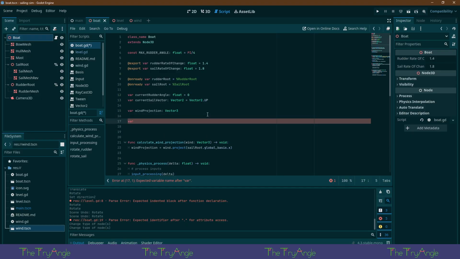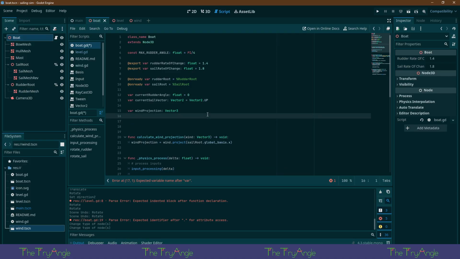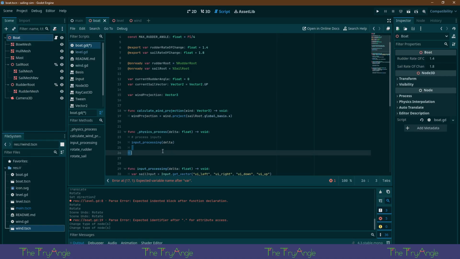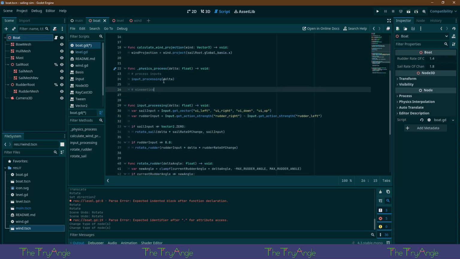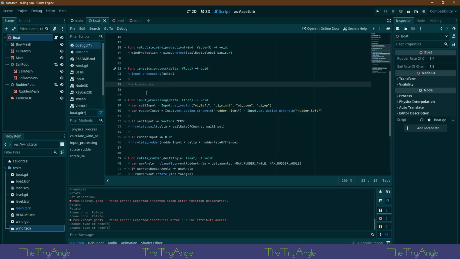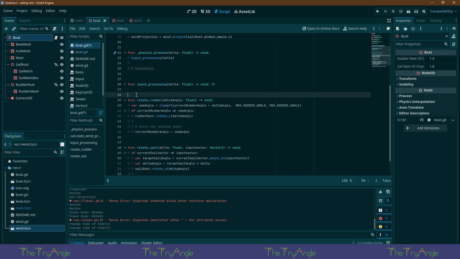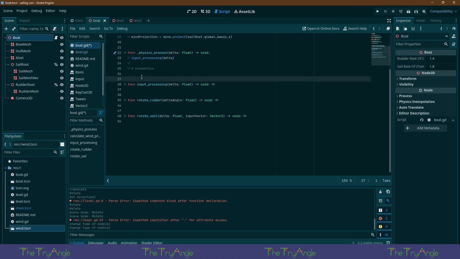Let's see here. Let's make a little region here. Inputs.